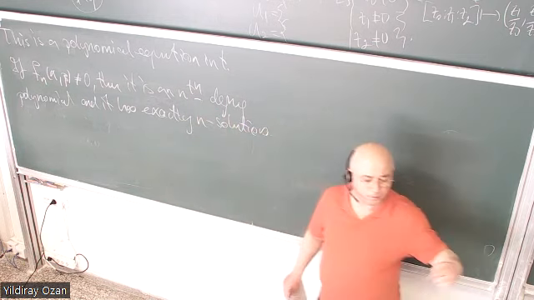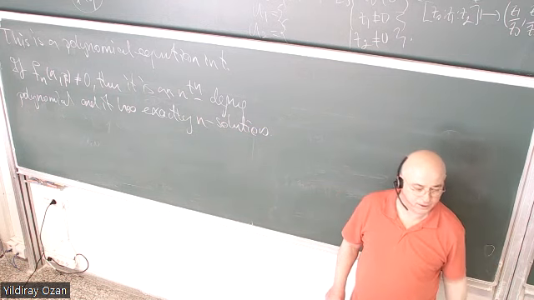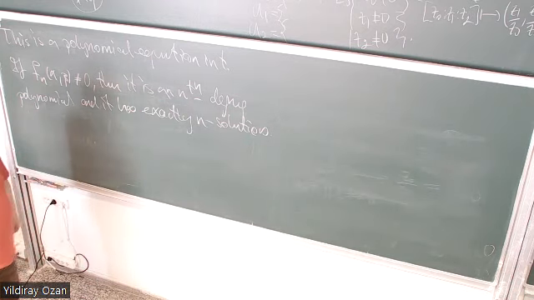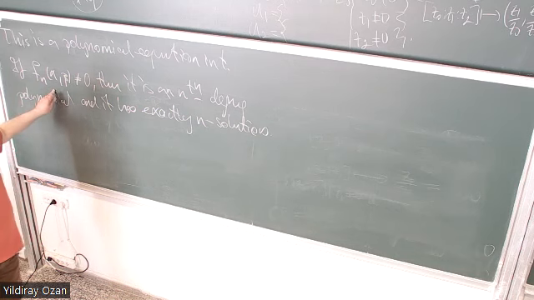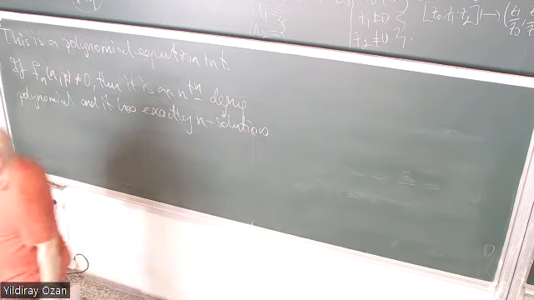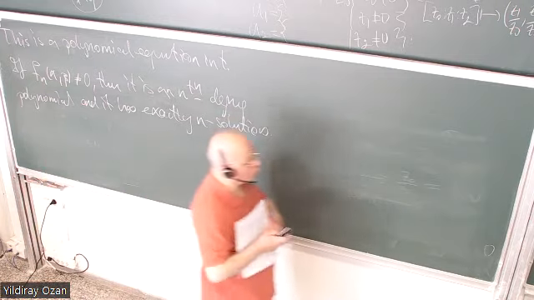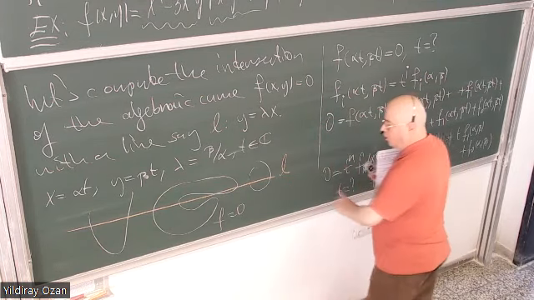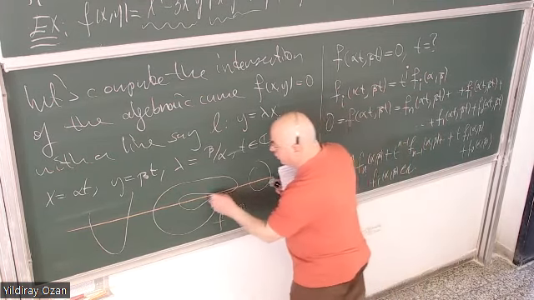Of course, you may have multiple solutions, then you count with multiplicity, because a root can appear more than once. So what we see is, if we have a degree n plane algebraic curve, then a line intersects it at n points, with this assumption: if the line is chosen so that this coefficient is not 0, then you have exactly n solutions.